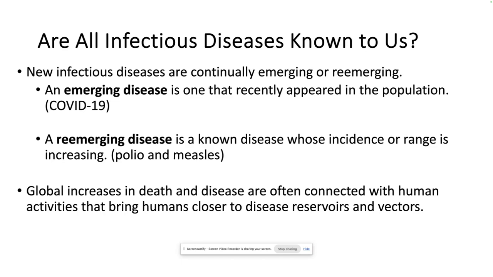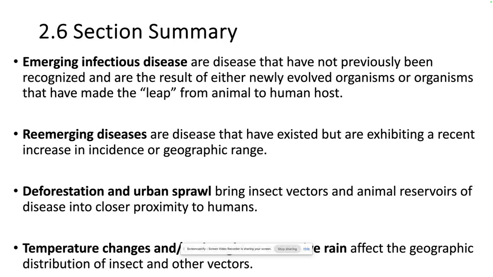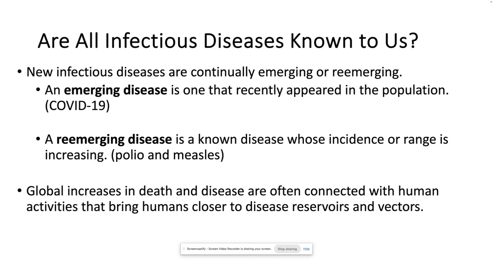Okay, aka we're doing things that are bringing us closer to disease reservoirs and disease vectors that we haven't come into contact with before. Okay, which is going to bring us to the last thing I want to talk about. Okay, is how are we coming in contact with these emerging diseases?